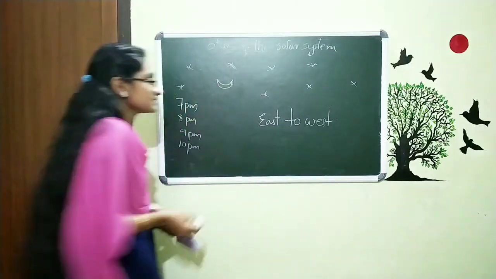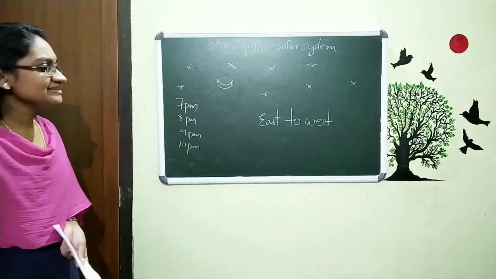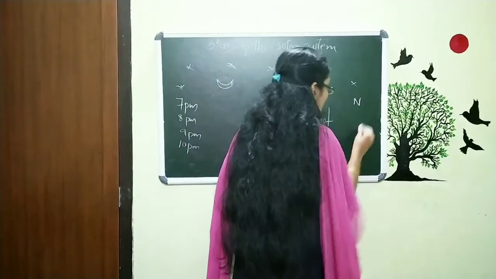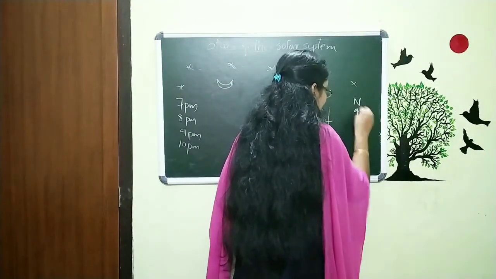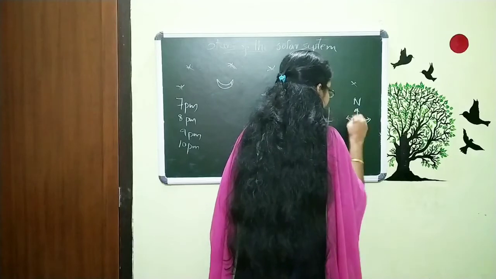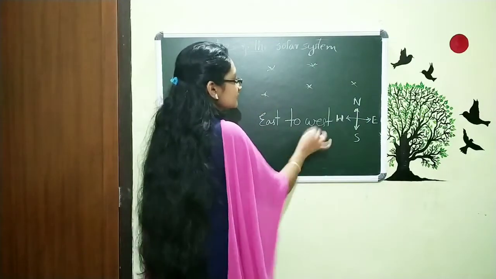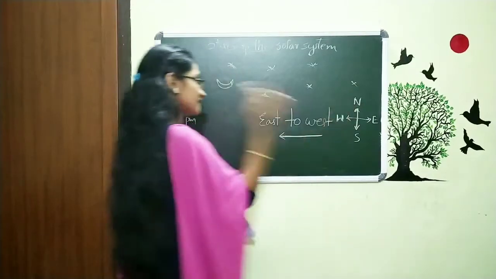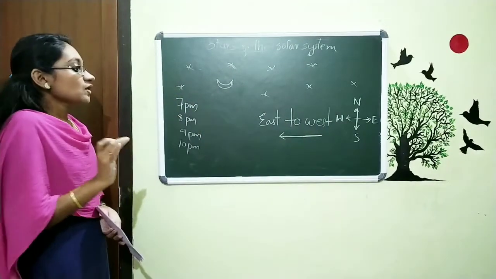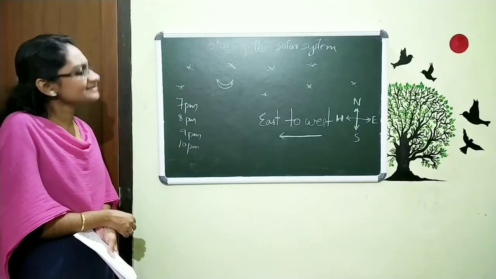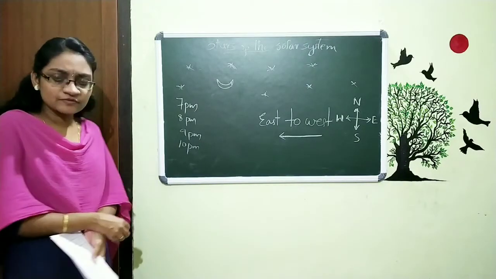What is this direction of east to west? That means north, south. This is west and this is east. That means east to west means towards this direction. So, we feel it like that. Now my question is, are these stars moving from east to west?